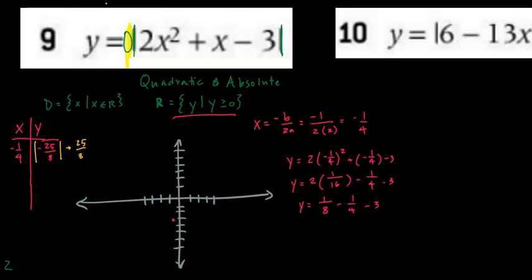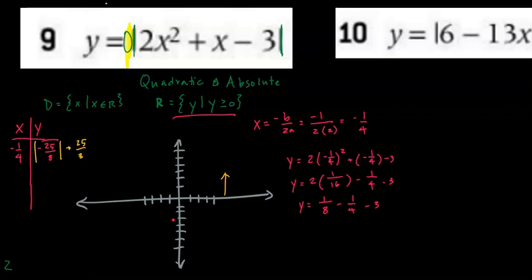Okay, so what I need to do first is figure out all of the actual graph that is going to be above the x-axis. In order to do that, I have to find my zeros or roots.